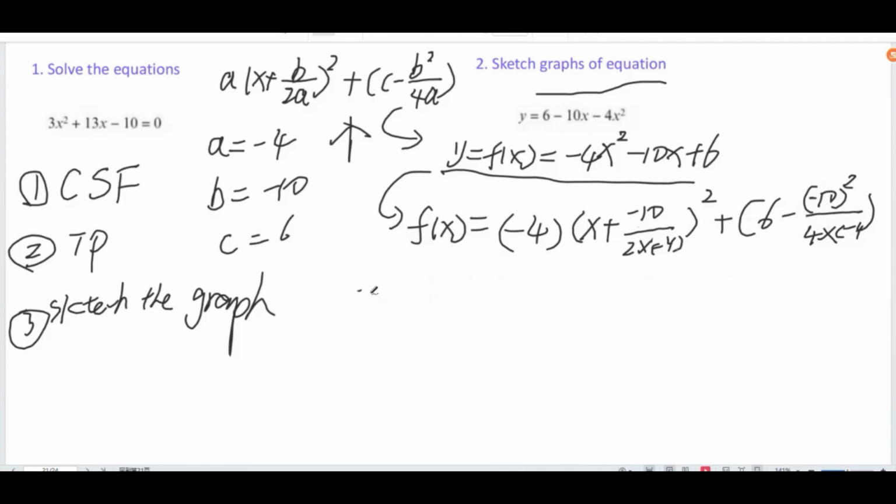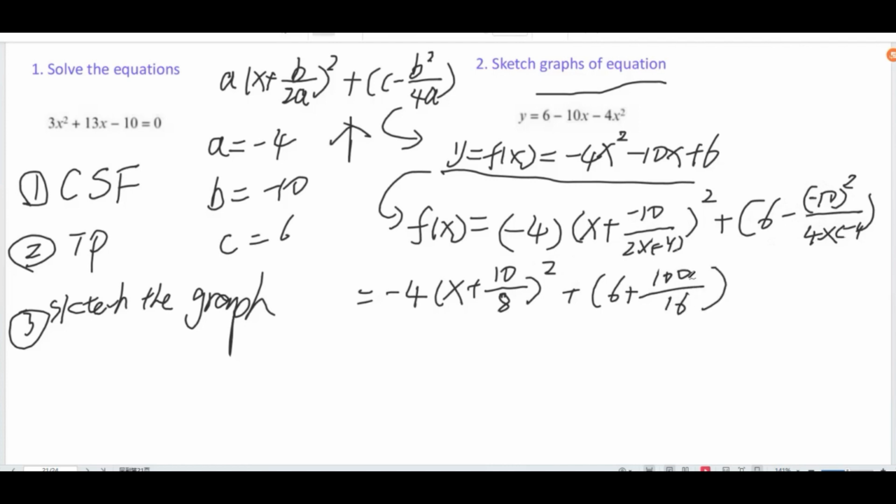So this can be rewritten as -4(x plus 10 over 8) all squared plus 6 minus 100 over 16.